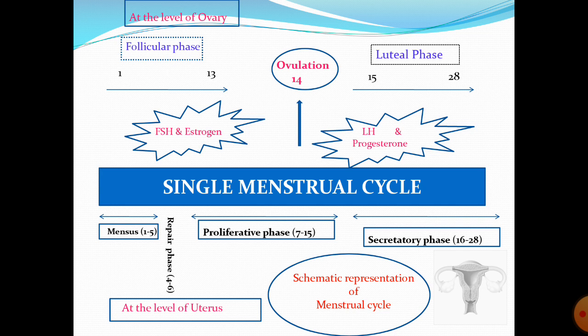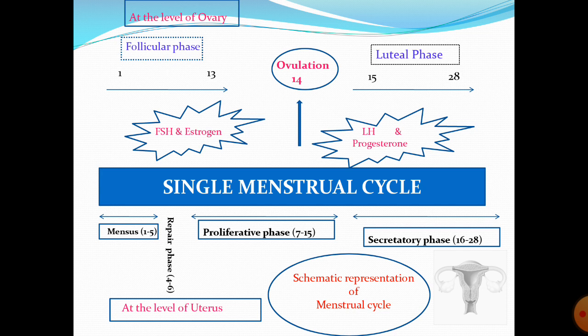Before getting into the other stages, let me just tell you a brief account of the internal genitalia of human females. You can see at the right corner below the internal genitalia diagram a pair of ovaries and a pair of fallopian tubes.